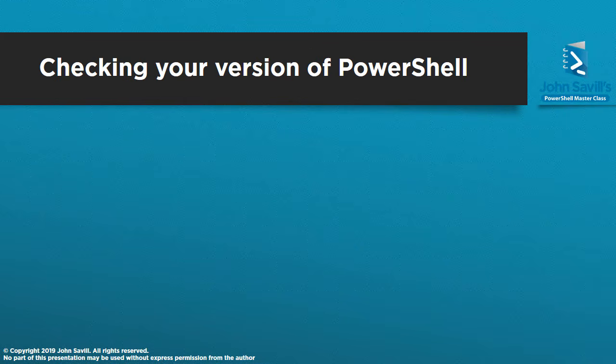Now you've seen me do this already, but I can check the version of PowerShell I have. I can do a Get-Host. That will give me information about my PowerShell. I can use $PSVersionTable, and then an actual attribute of $PSVersionTable is PSVersion.